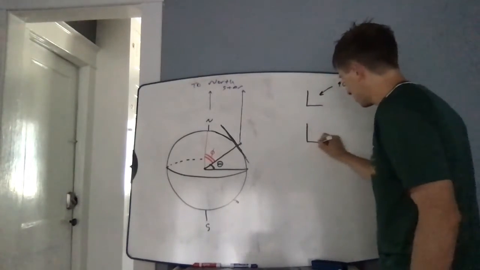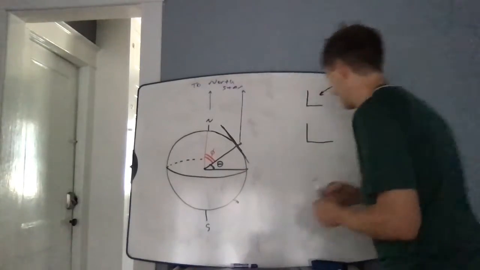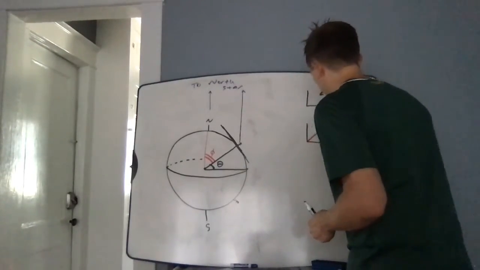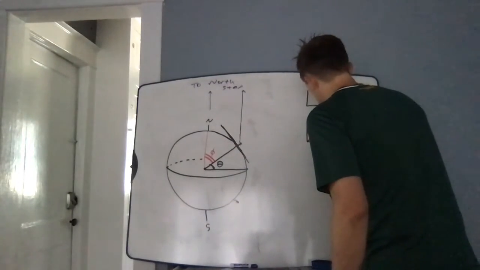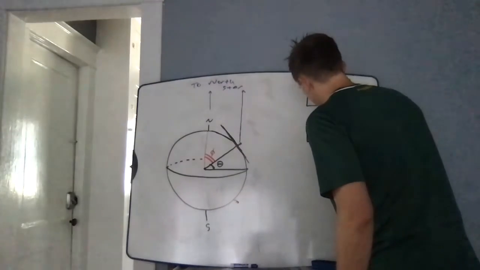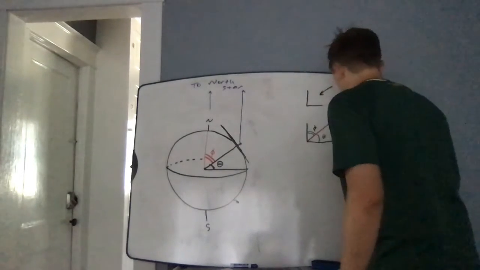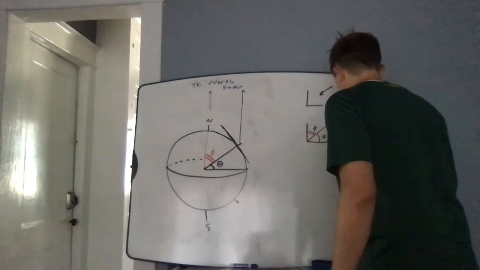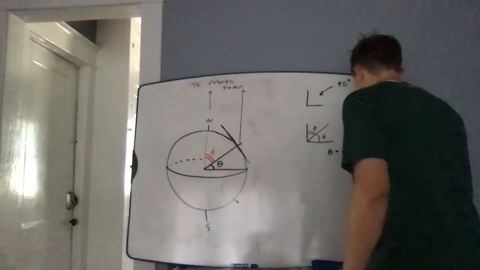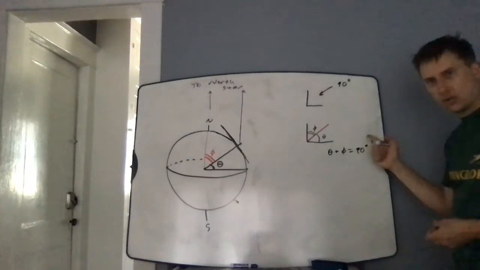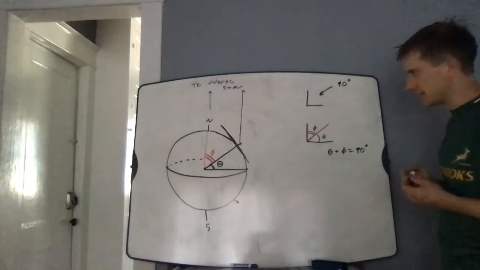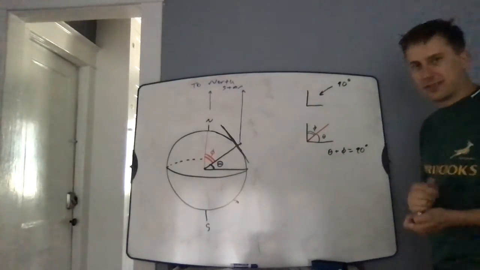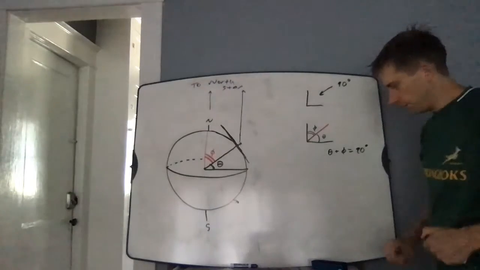And if I were to draw something like this and put a line in between them, I could say if this is theta and if this is phi, theta plus phi must equal 90 degrees. I don't know what theta is, I do not know what phi is, but I know they must add up to 90 degrees.